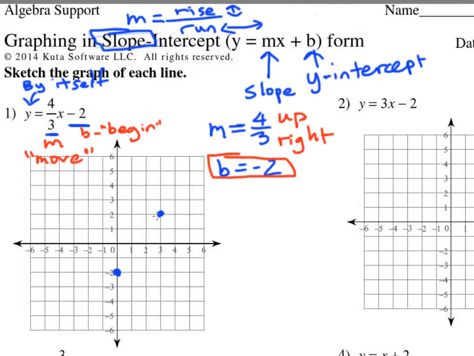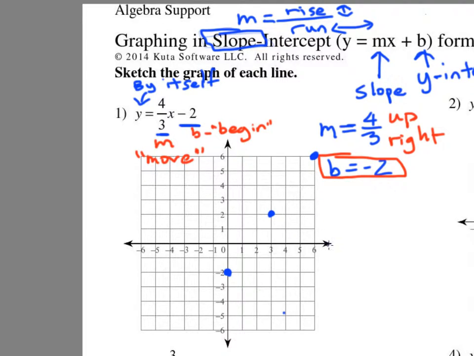We can keep going just to make sure we're counting this right. Again, start from this dot. Let's go up 4: 1, 2, 3, 4, and then right 3. So this is a line that we can create. Let's draw a straight line. We'll use our rulers to make it as straight as possible.